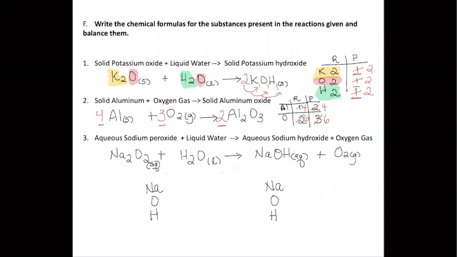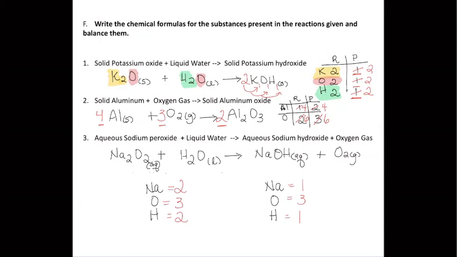No problem. Excellent. So when we look at the reactant versus the product, we see that we have 2 sodiums, 3 oxygens, 2 hydrogens. In the product, we have 1 sodium, 3 oxygens, 1 hydrogen.